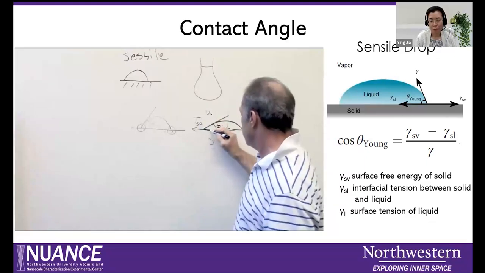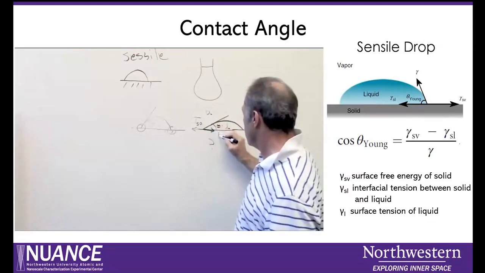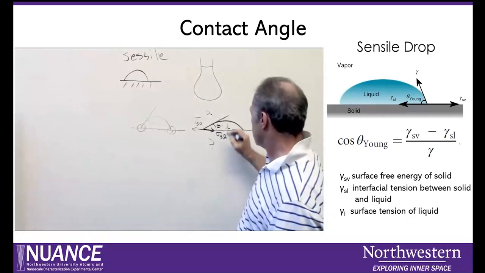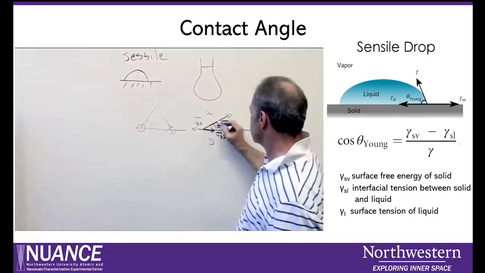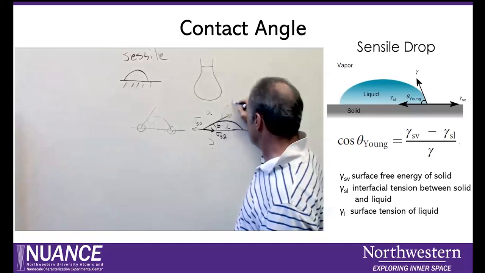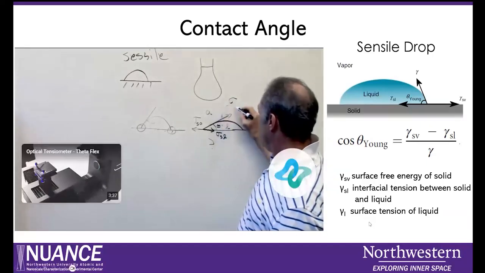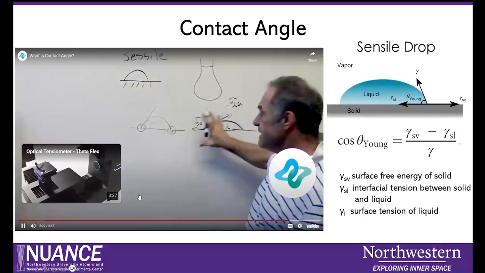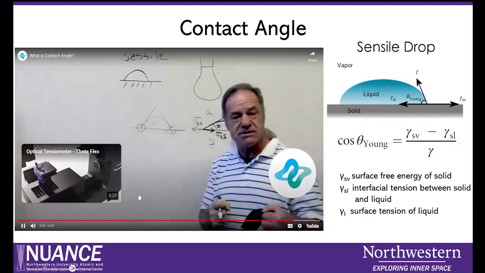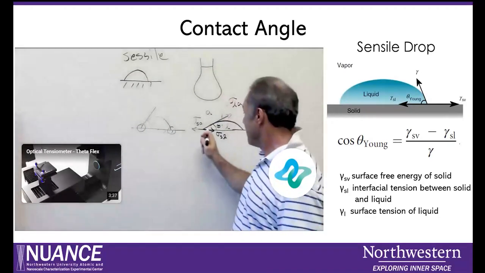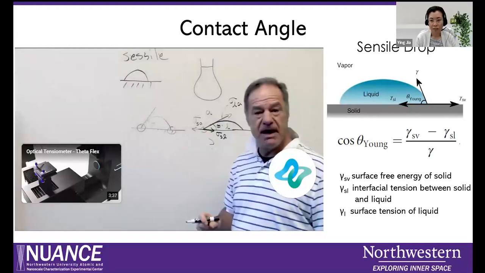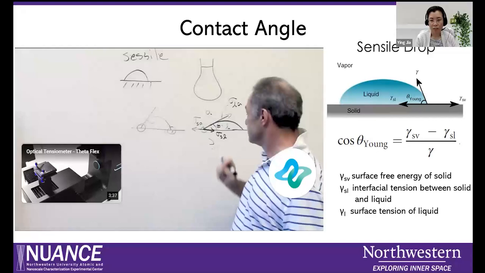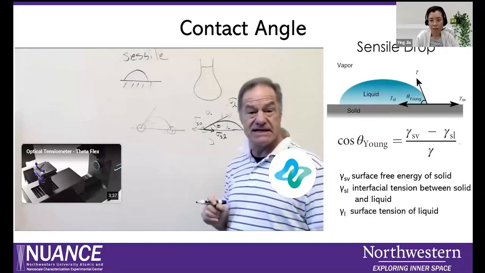And then underneath the droplet right here, there's another one between the liquid and the solid. And then finally we have this surface tension right here between the liquid and the air. So these three surface tensions, little forces, have to be balanced at this point. And that balance of forces is controlled by this contact angle.